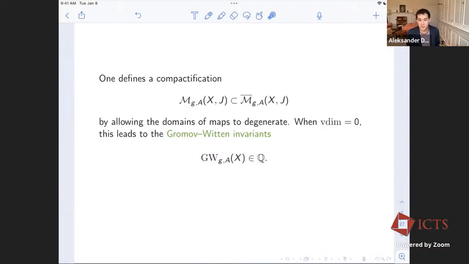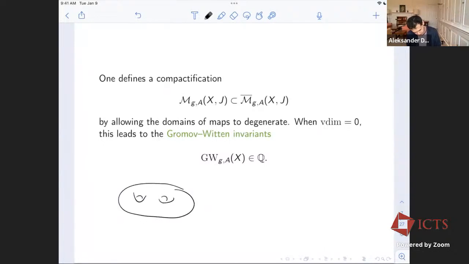And then the second issue was that of compactness, and that is a big contribution of Gromov and Kontsevich, which in some sense goes back to work of Uhlenbeck and Sacks on harmonic maps, that there is a reasonable compactification of the moduli space of pseudo-holomorphic maps. And this is the so-called moduli space of stable maps, which are pseudo-holomorphic maps where you allow the domain of your map to degenerate to a nodal Riemann surface.